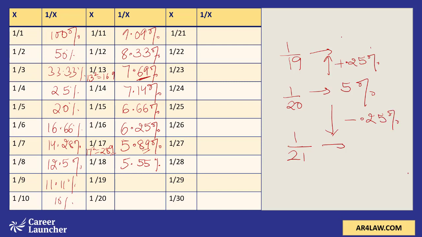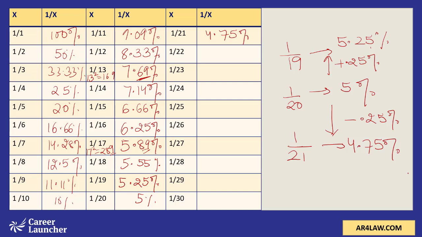So here my answer is 5.25%. Here my answer is 4.75%. We do have one more pair coming up which behaves like this. We'll have a look at that in a while. So 5.25%. This is exactly 5%. This is 4.75%.